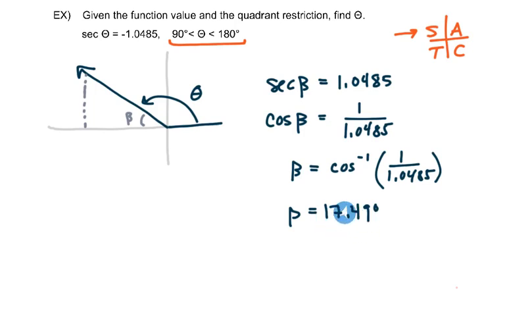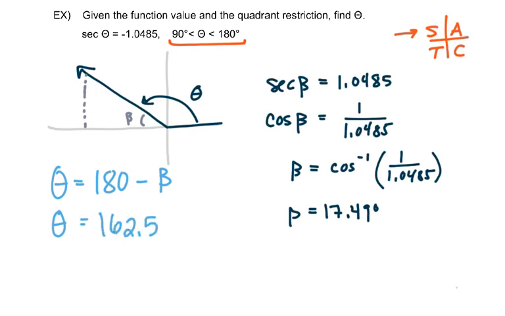That beta, 17.49, is a small acute reference angle. So theta, this measurement, which starts on the positive x-axis and rotates over here into quadrant 2, theta is going to be 180 minus that beta value. And if I do that subtraction, I end up with 162.51 degrees.